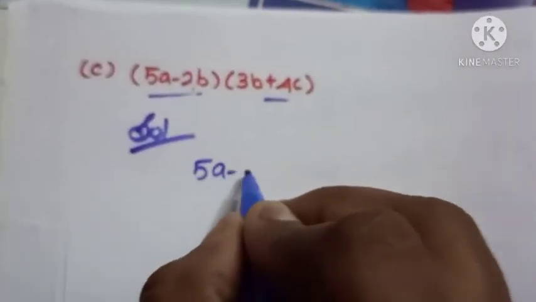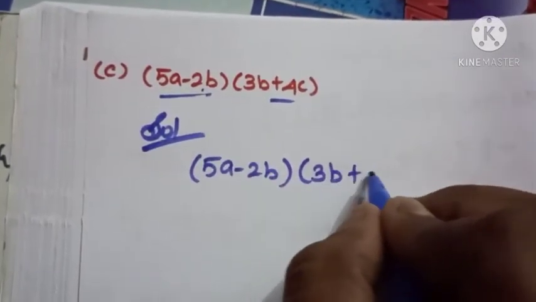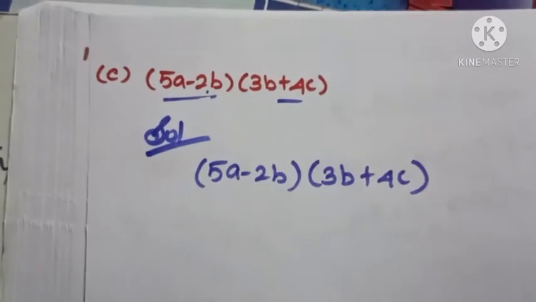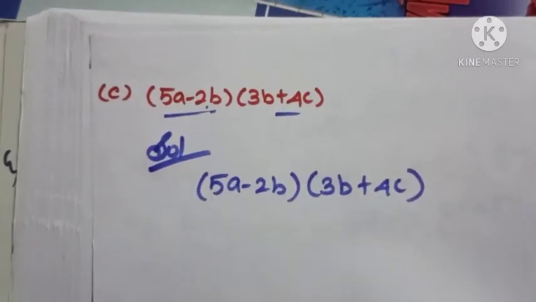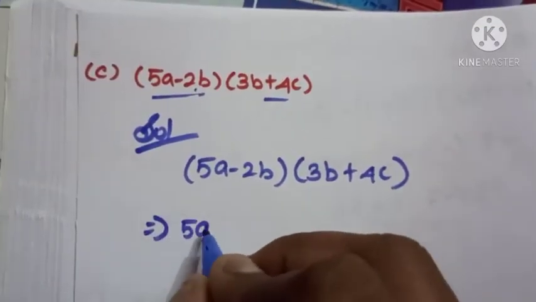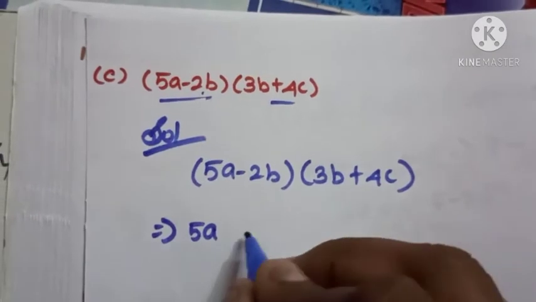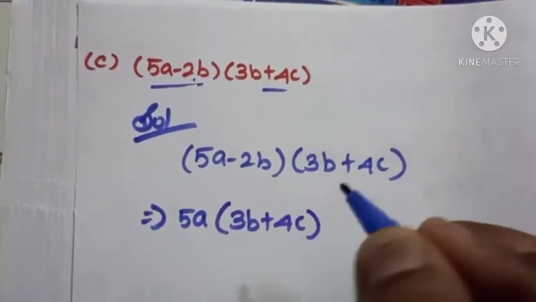So 5a minus 2b multiplied with 3b plus 4c. You can take either one, this to this or this to this, whatever it is. As I already told, first I take this 5a. This 5a is multiplied with the two terms 3b plus 4c.